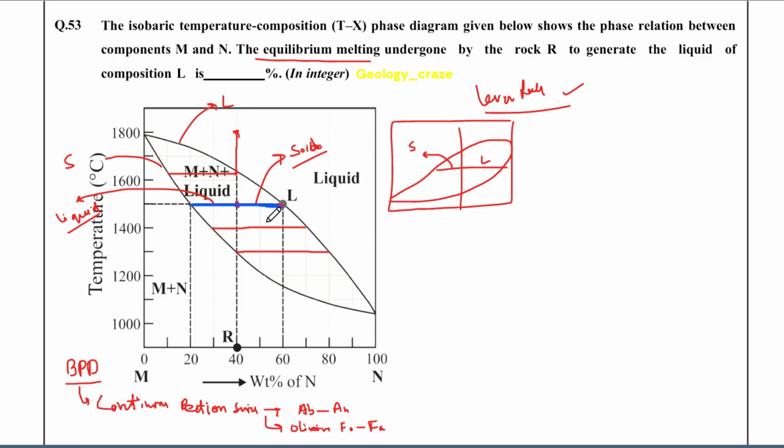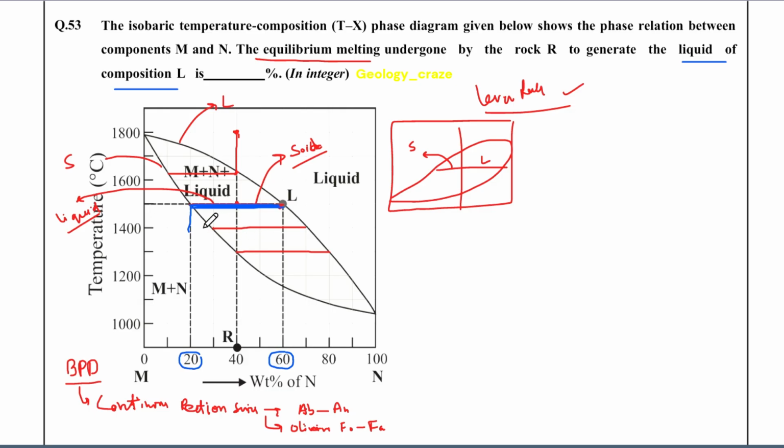I will draw this tie line that is given to us, to calculate the percentage of liquid in composition L. So how will we calculate? We have to draw some vertical lines. Already constructed, we know the number 60, and on this side it is 20. We need not remember this also; we will directly tell.